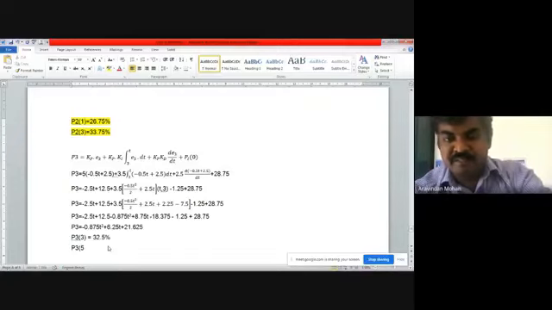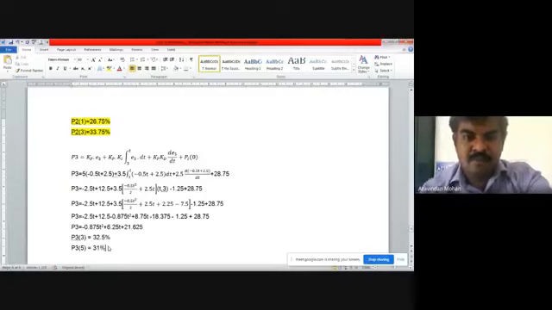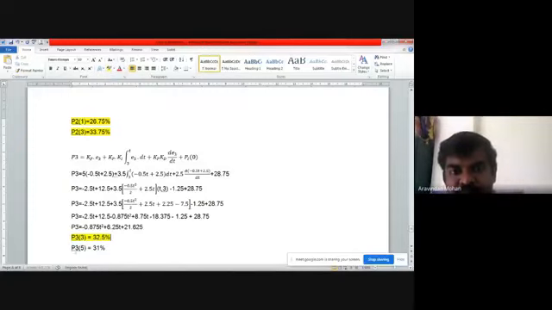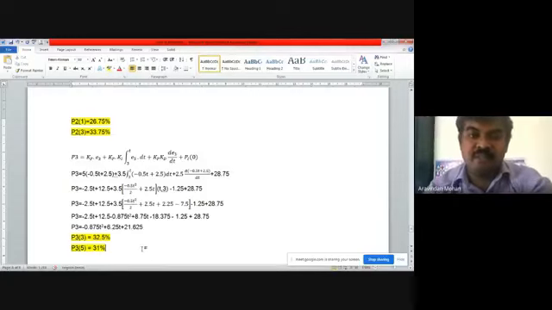So P3 of 5 substitute பண்ணினா, you will be getting the value as 31%. Okay, you substitute and find out. Okay, so this is P3 of 3 and this is P3 of 5.